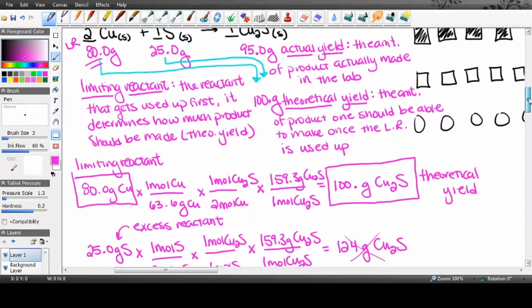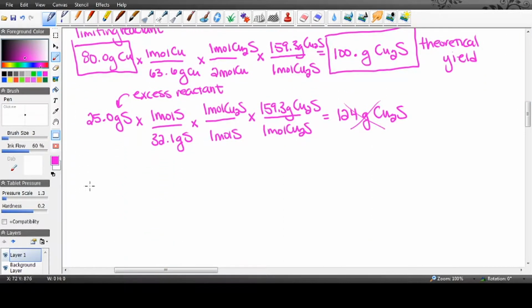So why is that the case? Well, sometimes crap happens in the lab, right? Maybe one of your reactants had oxidized or was contaminated, and so it didn't go all the way to product. Maybe the reaction didn't go to completion because you didn't let it run long enough. Maybe you spilled some of your product. All sorts of reasons why you don't get as much as you would expect.